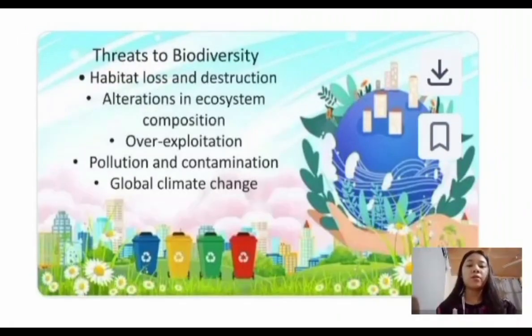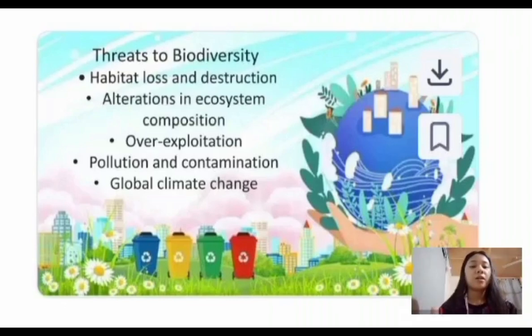Threats to biodiversity: habitat loss and destruction, alterations in ecosystem composition, overexploitation, pollution and contamination, global climate change. So over the past 200 years, the human population has grown fast and so has the number of extinctions.